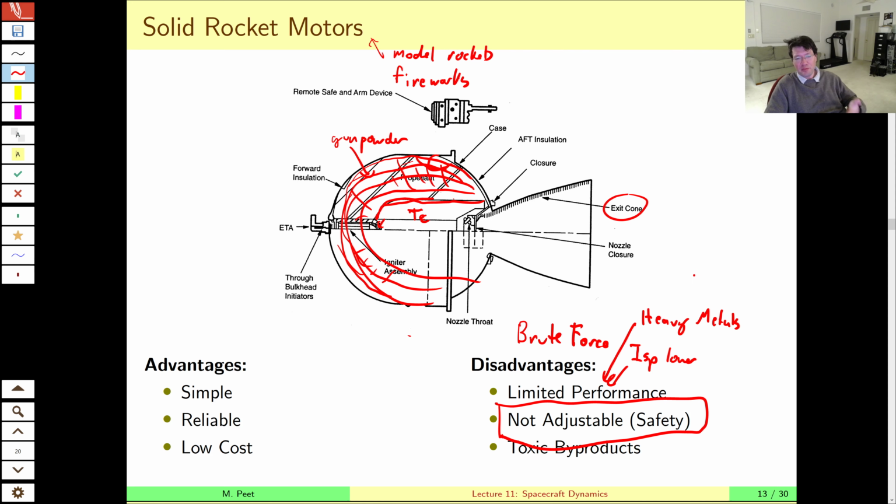So there's a temperature of the combustion, and the temperature is proportional to the exit velocity, but the mass of the particles of propellant is inversely proportional to the exit velocity. So that brings down the exit velocity, because that temperature can't accelerate those particles fast enough.